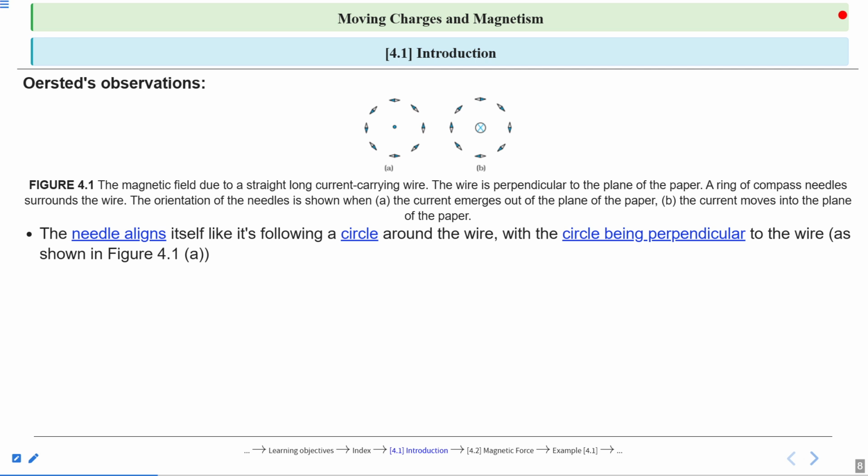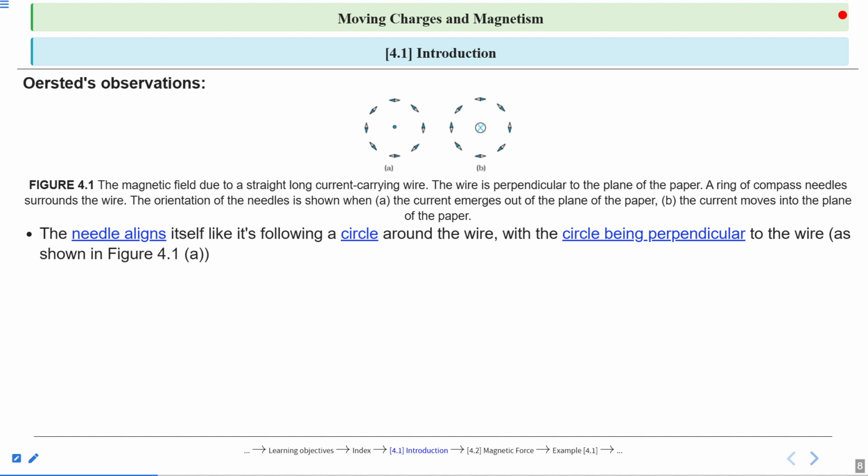The needle aligns itself as if following a circle around the wire, with the circle being perpendicular to the wire. The wire is coming outward, perpendicular to the plane of paper or screen, and the circle is on the plane of screen.